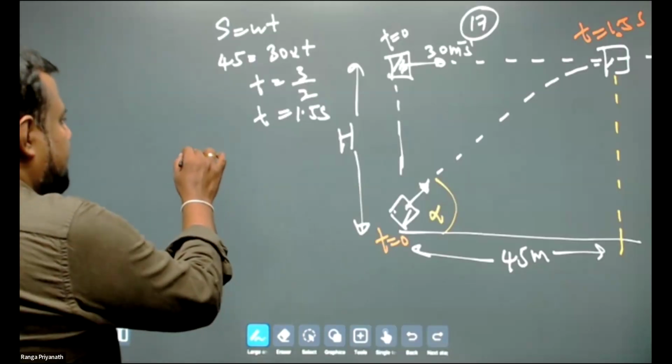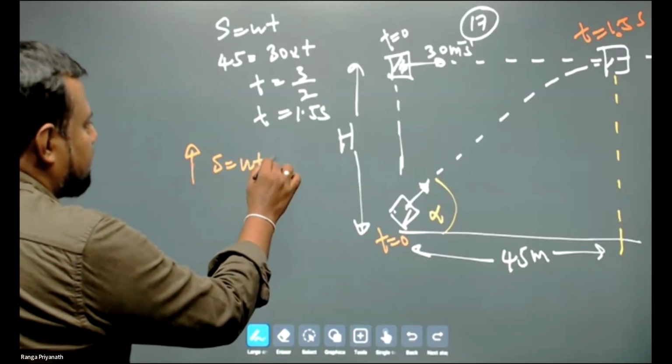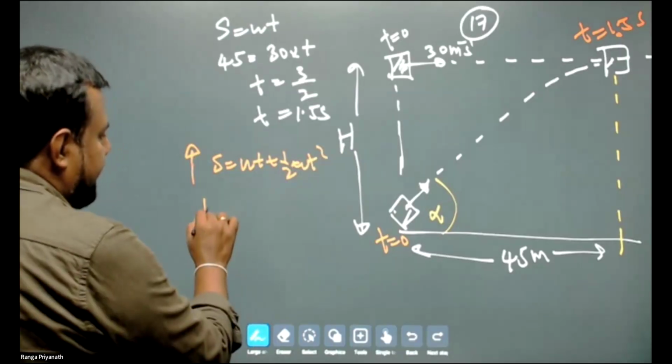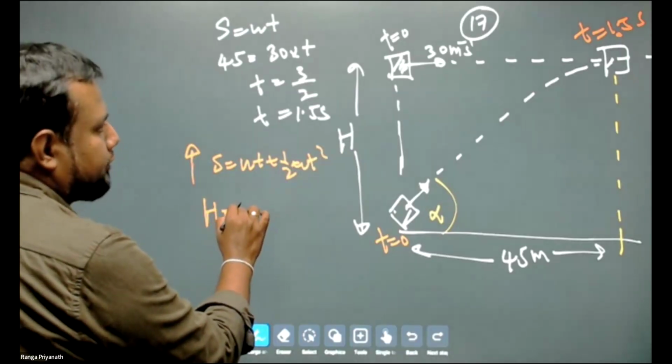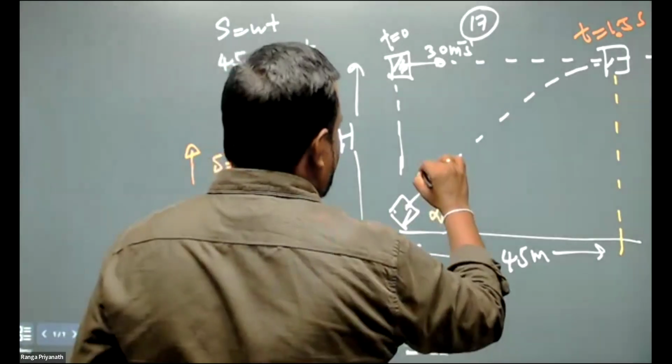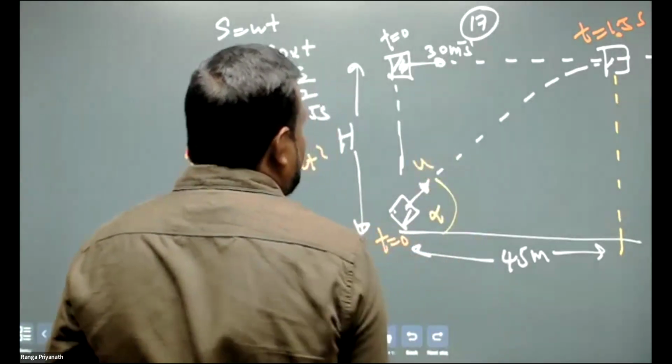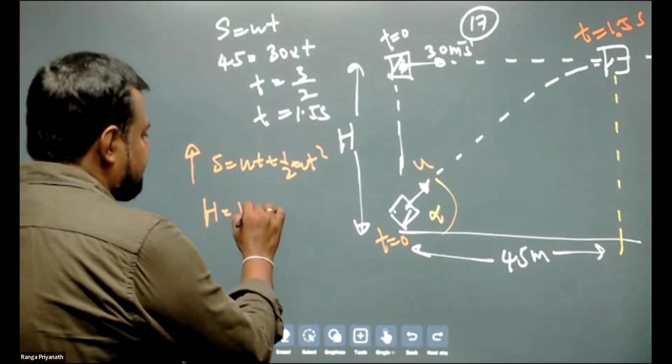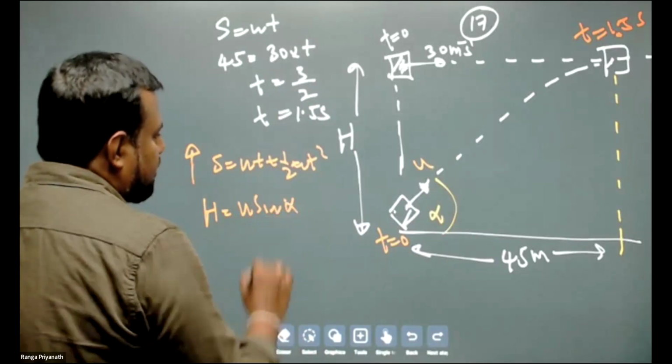Let's apply the equation vertically: s equals ut plus half at squared, where h is given. Let's say the initial velocity is u, so the vertical component is u sin alpha.